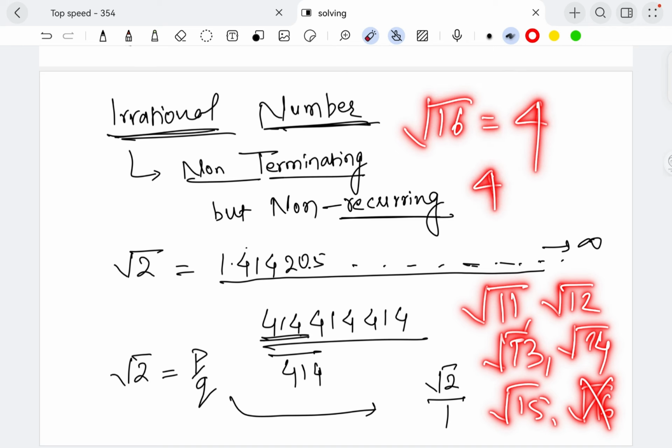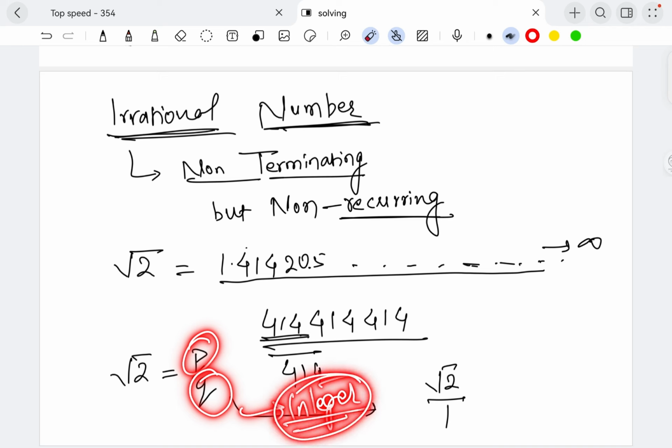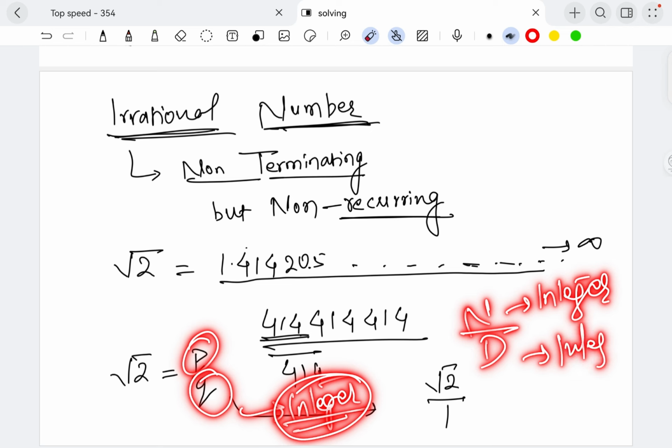If you square 4, it comes exactly 16. So irrational numbers are those that cannot be written as p by q with p and q both integers, since both the numerator and denominator have to be integers. Hence, it is an irrational number.